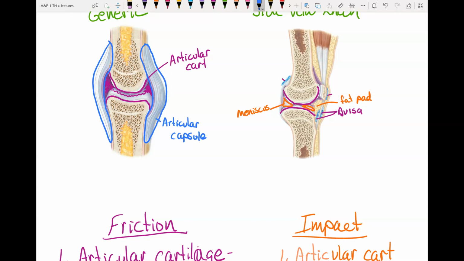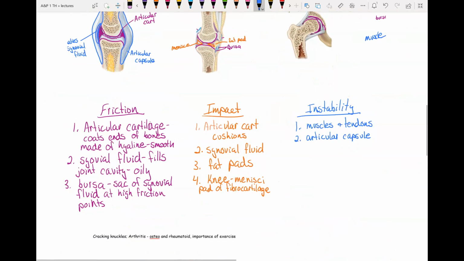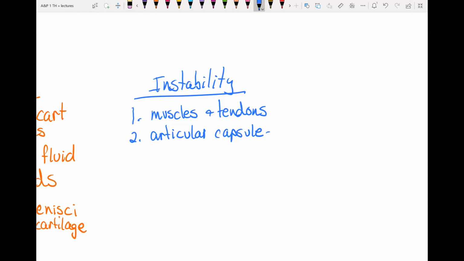And the inner layer, you can kind of see this purple part here, the inner layer of the articular capsule is what makes synovial fluid. So the articular capsule is connective tissue that wraps around the joint, and it also makes synovial fluid.